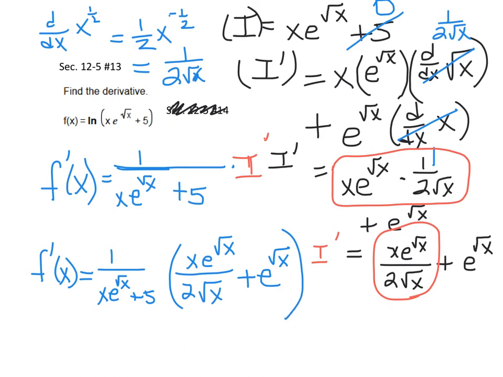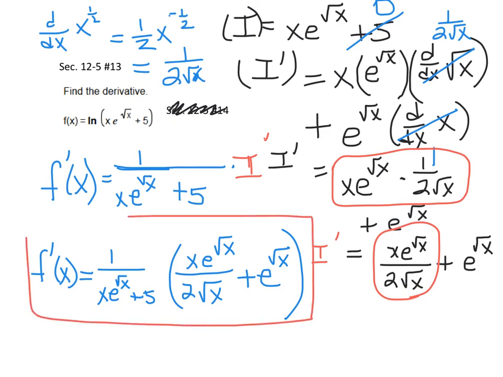And there's probably someone who would want to simplify that, but I would leave it just exactly like it is. Just be very careful that you type it in exactly that way.